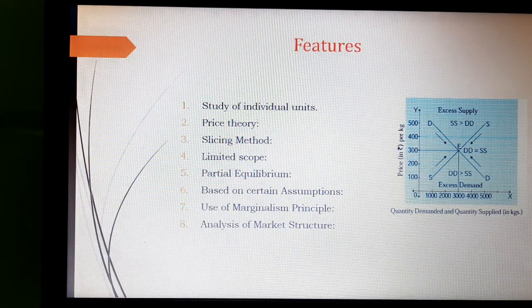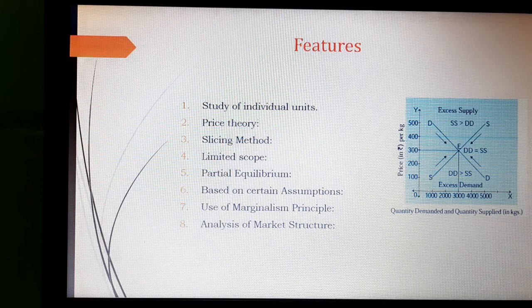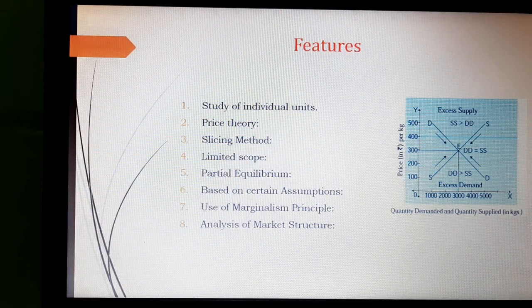After that, the next part is use of marginalism principle. Another principle which is utilized in microeconomics is marginalism principle. Now, marginalism means what? Additional unit of commodity is called as what? Marginal. So marginalism principle says what would be the change in total consumption because of consumption of an additional unit of commodity. It's called marginalism or marginal principle.